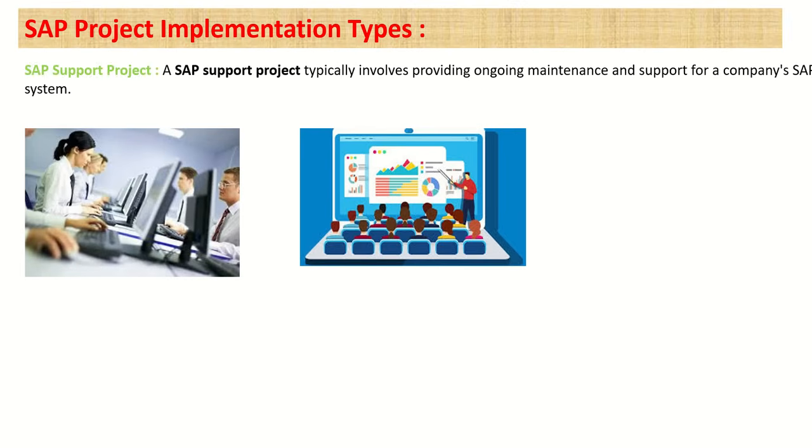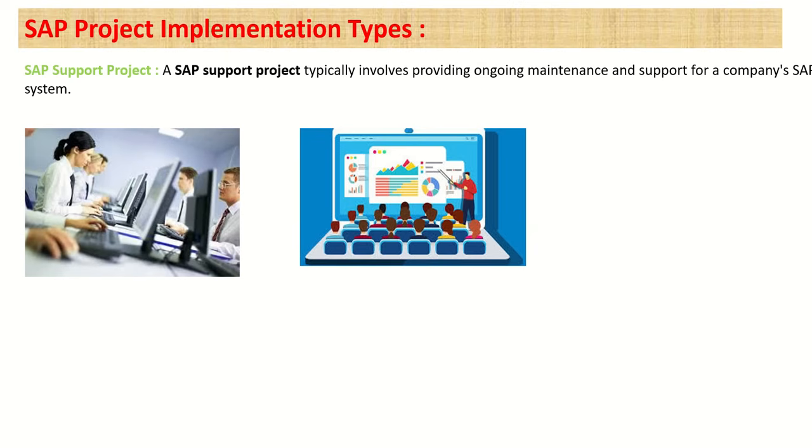And the last is a support project, where we usually work most of the time. The support project is basically to handle the day-to-day activity, day-to-day errors, because there are multiple users working. If they're having any errors, we require a support team who can support the end user to solve their day-to-day errors. The support team is also involved in developing some reports, some print forms, etc., which are required by the company, because the implementation is already done.